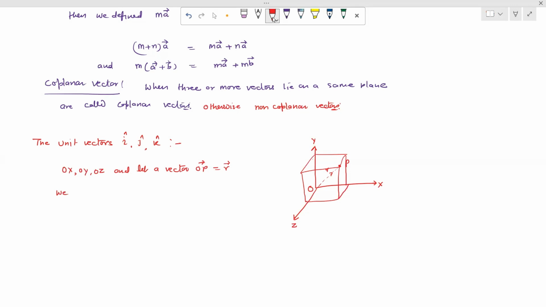So we draw a rectangular parallelepiped with OP as a diagonal, and edges along OX, OY, OZ.